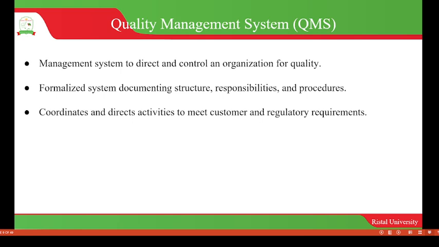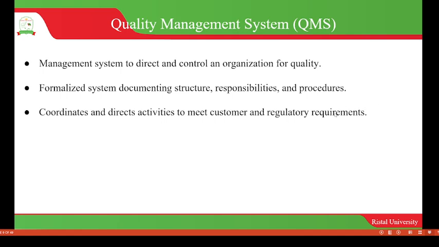Quality management system. Quality management system is a management system which directs and controls an organization for quality.